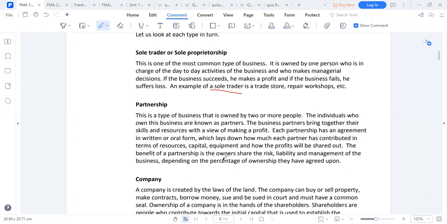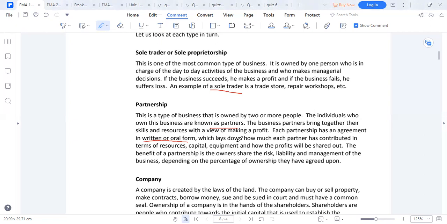Then we go to a partnership. This is a type of business which is owned by two or more people. These individuals are called partners. They put their resources together and can have a written or oral contract, which is called a partnership deed.